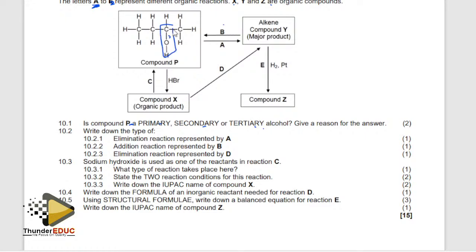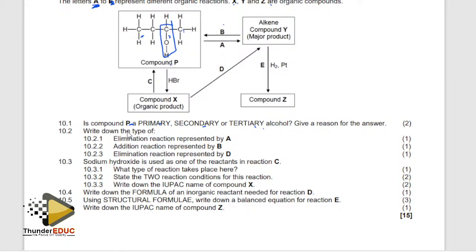How many carbon atoms are attached? It's 2 carbon atoms. Therefore, it's secondary. If it is 2, it means secondary. Primary is the first level: 1 carbon atom attached to the carbon atom with the functional group. So automatically it is a secondary alcohol.